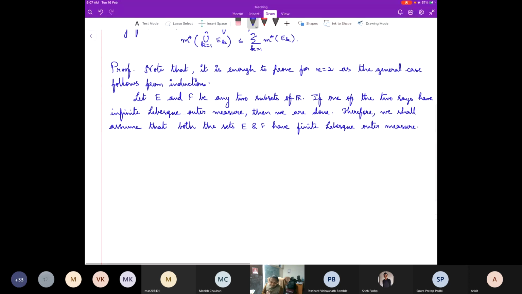So as usual, we start with our familiar one: start with an epsilon positive.